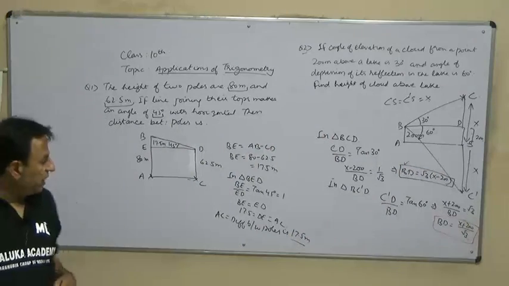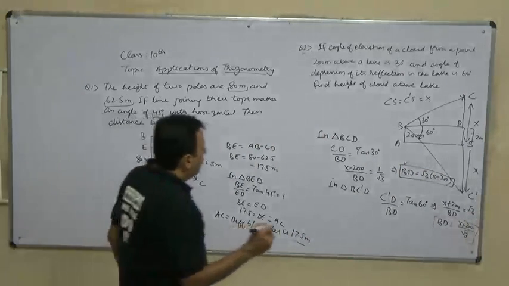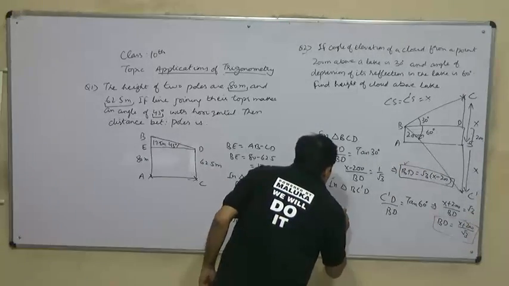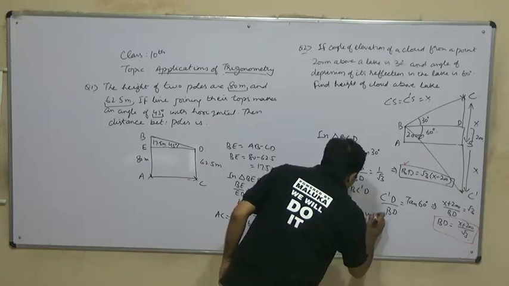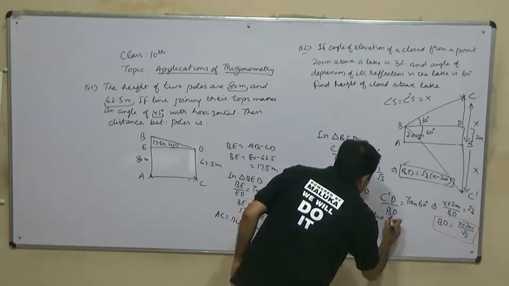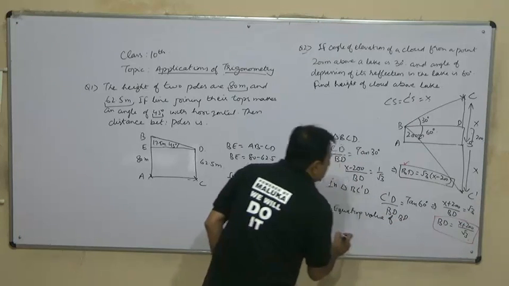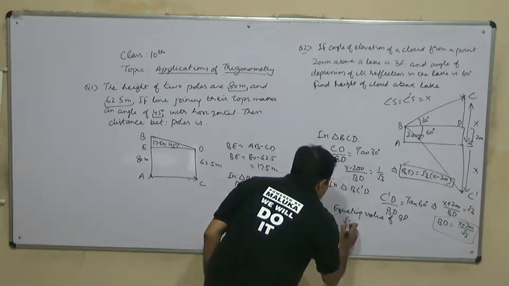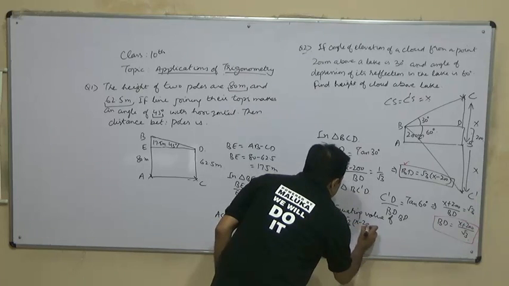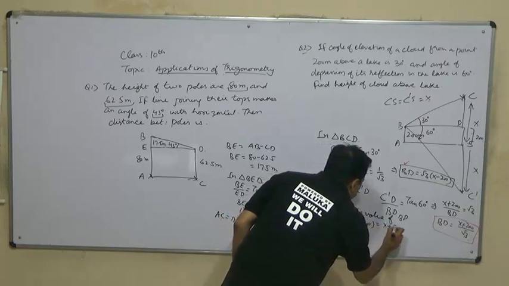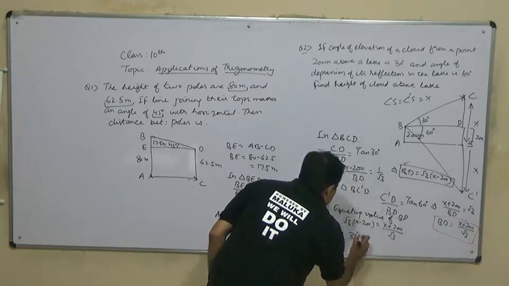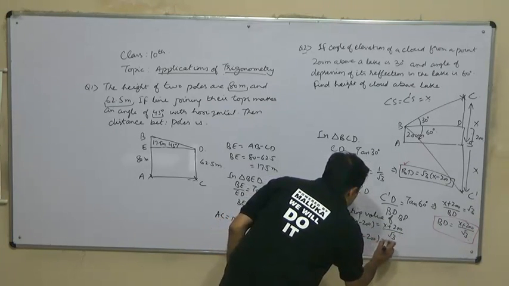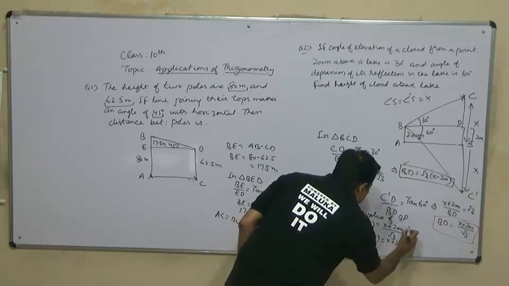So we can equate the value of BD. We get root 3 into X minus 200 is equal to X plus 200 upon root 3, which is 3 into X minus 200 is equal to X plus 200.